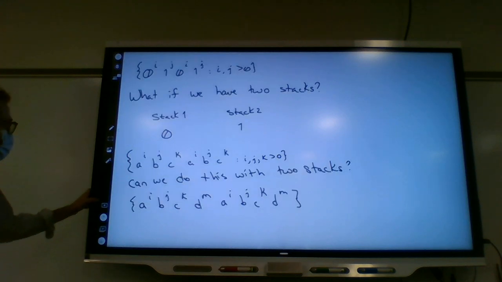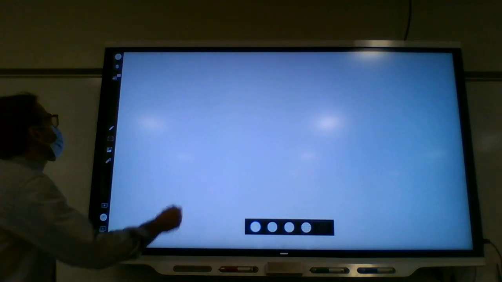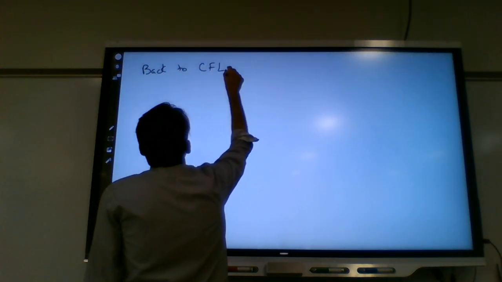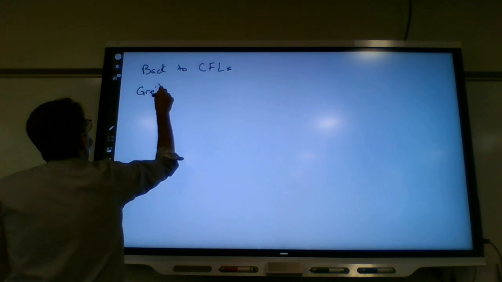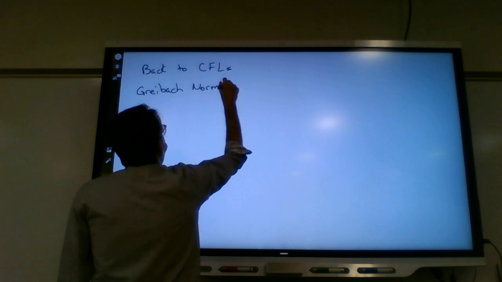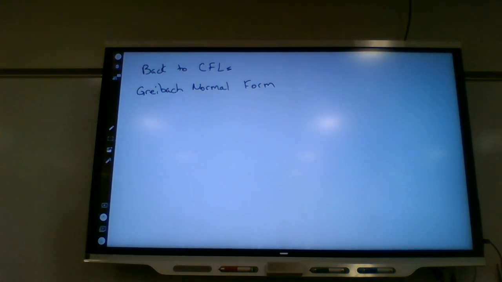All right, there's one more normal form that I want to talk about. This is going back to context-free grammars again, or context-free languages. This other normal form is Greibach normal form.